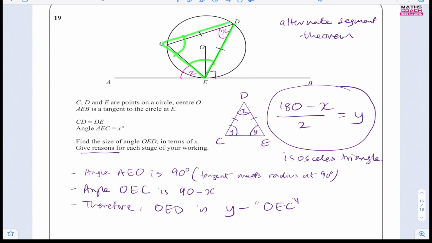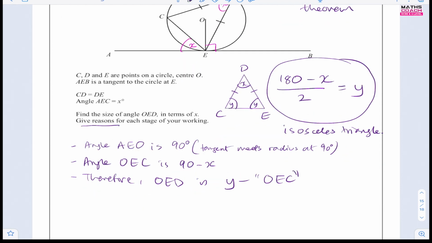Both of these are our y values, which is right there, and y is equal to that. So in order to find this angle right there, we are going to do y minus angle OEC, which we know is 90 minus x. So therefore we have y minus 90 minus x.